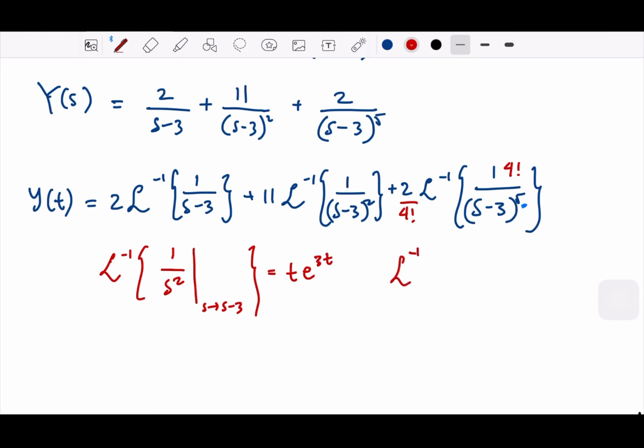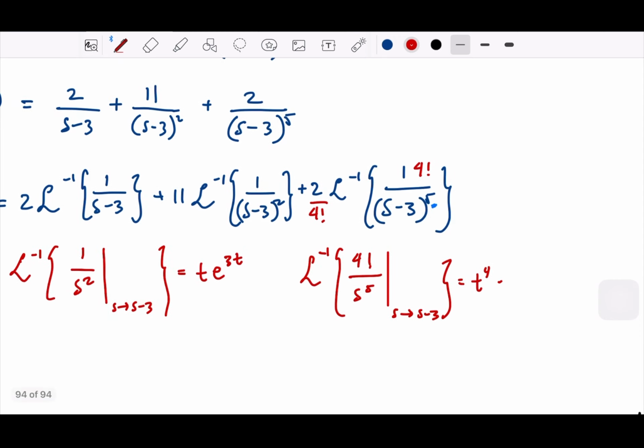And then the Laplace inverse of 4 factorial over s with power of 5 is t with power of 4, and then the shifted is e with power of 3t.